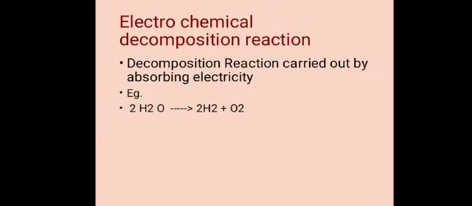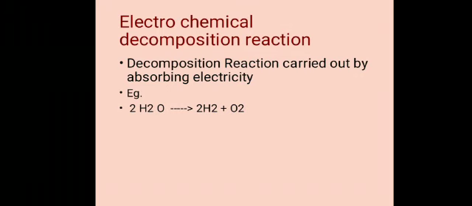Now the third type of decomposition reaction is electrochemical decomposition reaction, which is carried out by absorbing electricity. When we pass electricity through some compounds, they split. They undergo dissociation and produce two or more products. That type of reaction is known as electrochemical decomposition reaction. An example for that is the decomposition of water.